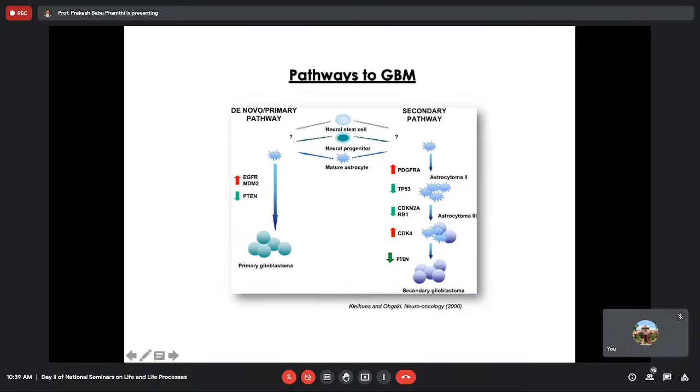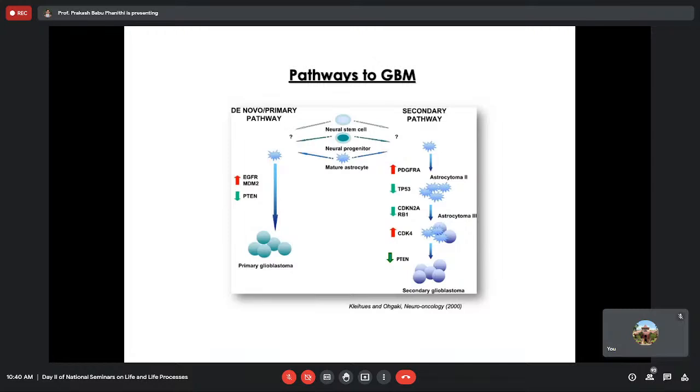Normally any tumor, whether liver cancer, kidney cancer, or intestinal cancer, grows from stage 0 to the 4th stage: grade 1, grade 2, grade 3, and grade 4. In the case of glioma also, it goes to grade 1, grade 2, grade 3, and grade 4. This is the usual phenomenon.